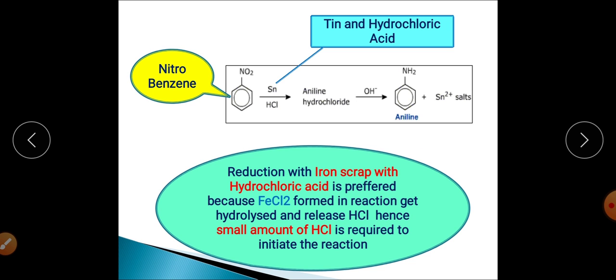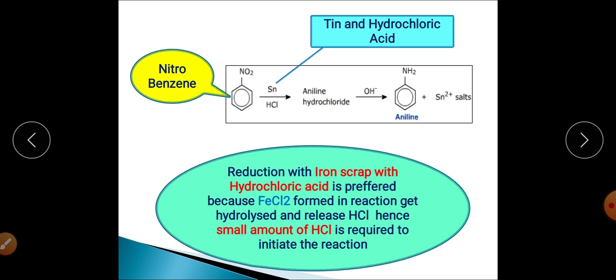Now when we are talking about the reduction method, particularly catalytic reduction, the catalytic reduction has a disadvantage. And what is that disadvantage?